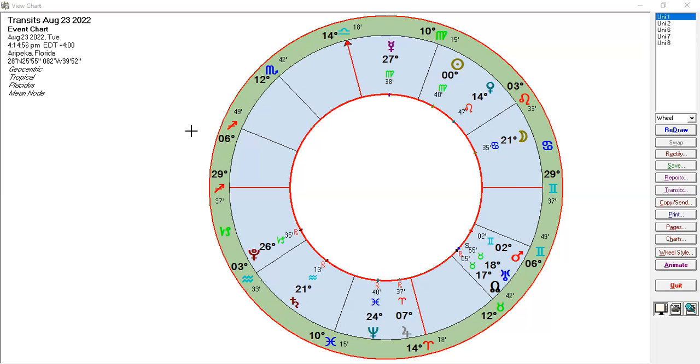Then, of course, you look at the aspects. I didn't mention it, but if you've got a lot of squares or inconjuncts, or it's not integrated at all, maybe it's not making an aspect with anything, you note all of those things. You think about the body parts associated.